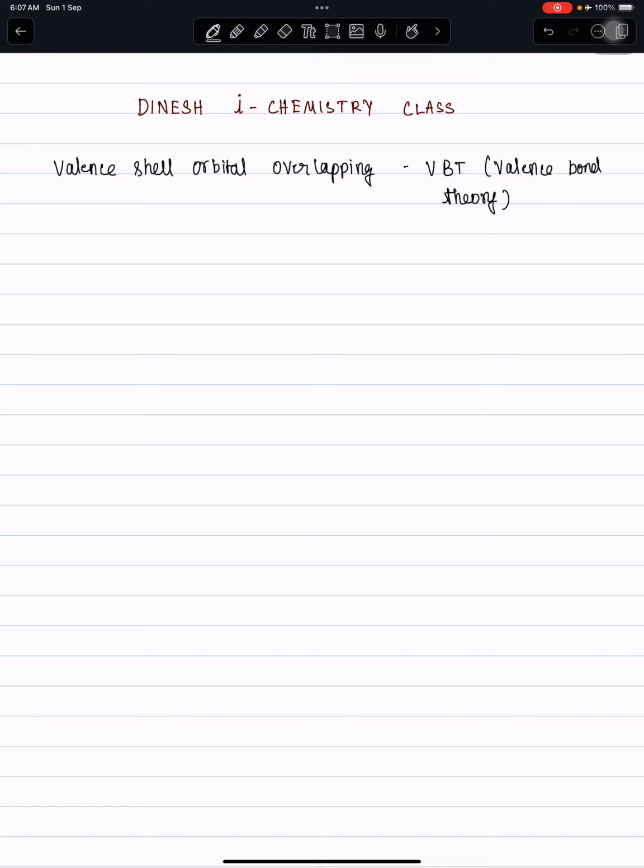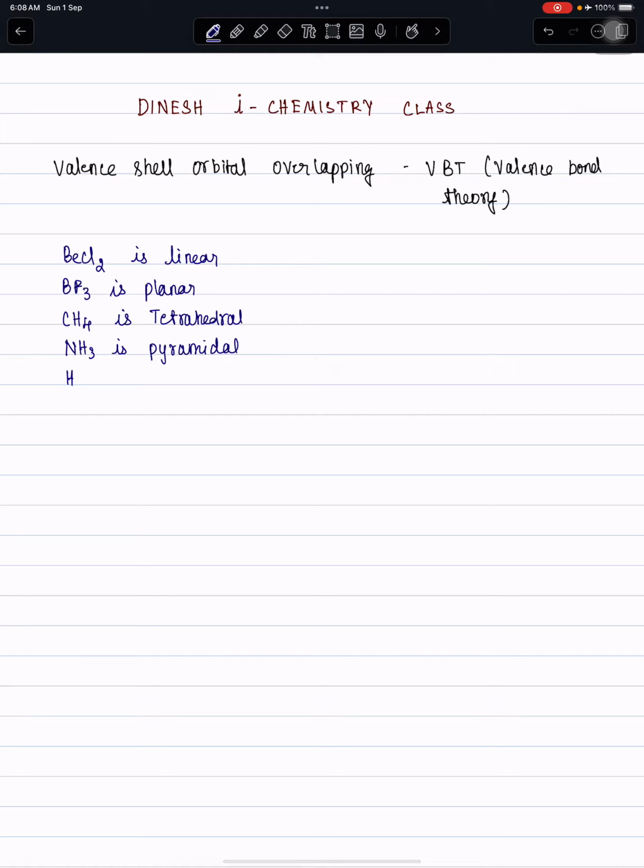valence bond theory explains the formation of various molecules, but it fails to explain the geometry and shapes of various molecules, like why BeCl2 is linear, BF3 is planar, methane is tetrahedral, ammonia is pyramidal, and water is V-shaped, angular or bent.